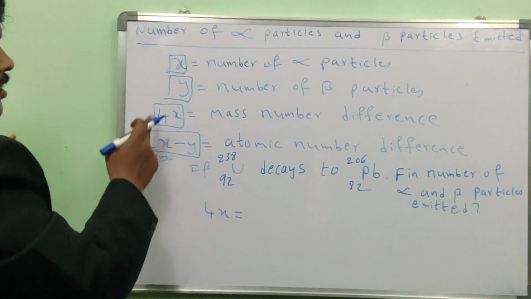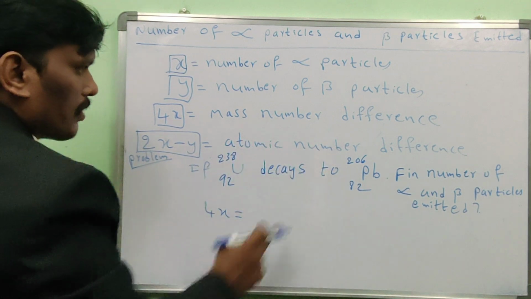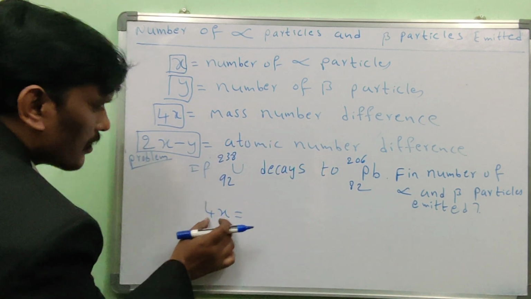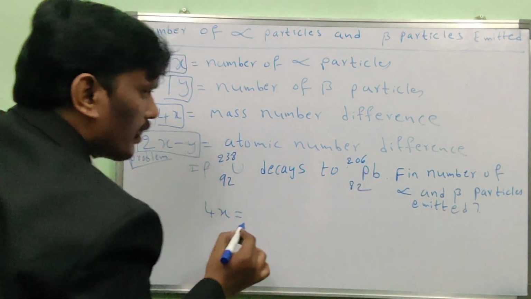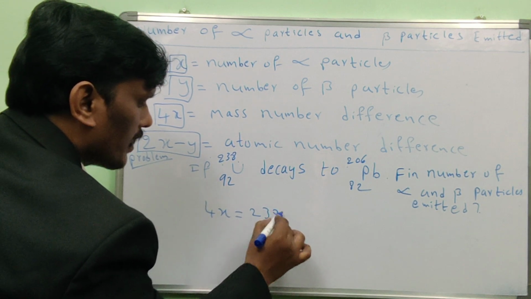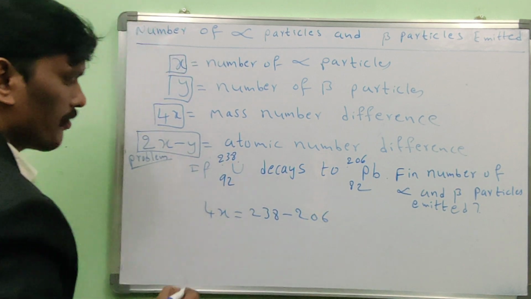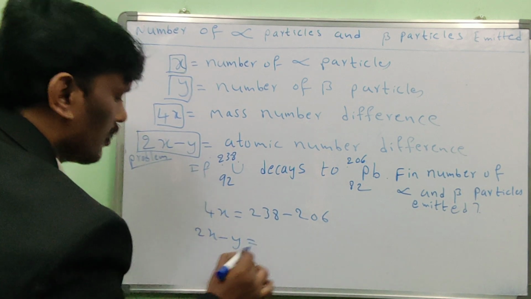To calculate x and y, what is 4x? Mass number difference. What is 2x minus y?